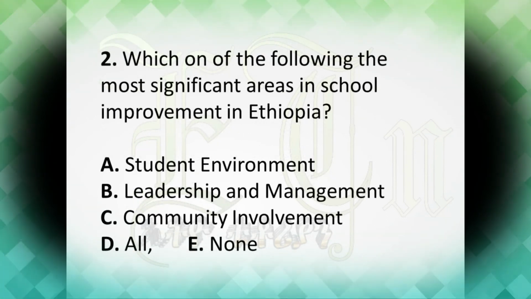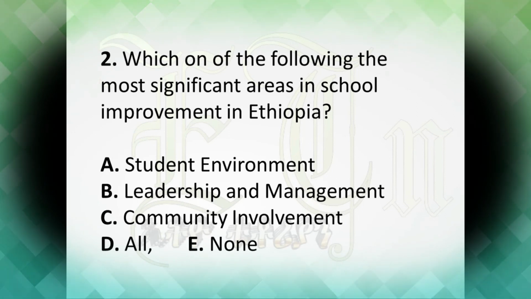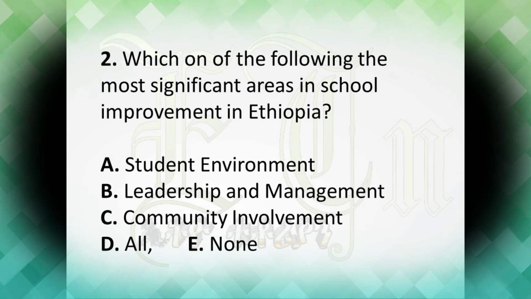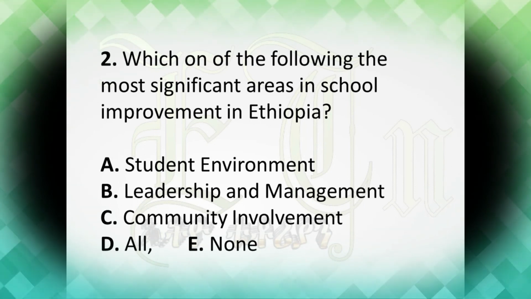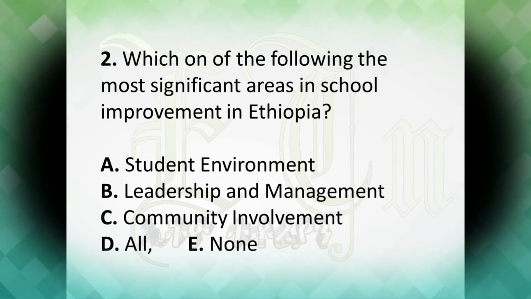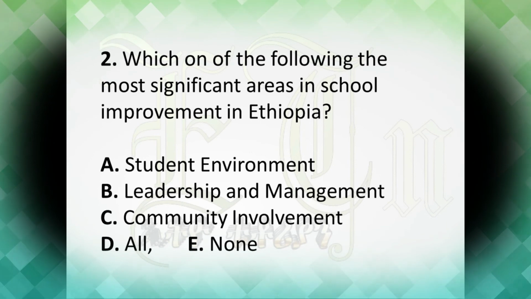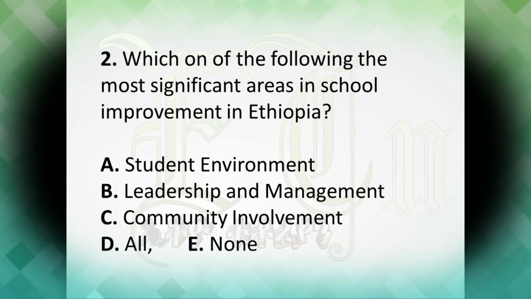Which one of the following is the most significant area in school improvement in Ethiopia? A. Student environment, B. Leadership and management, C. Community involvement, D. All, E. None.